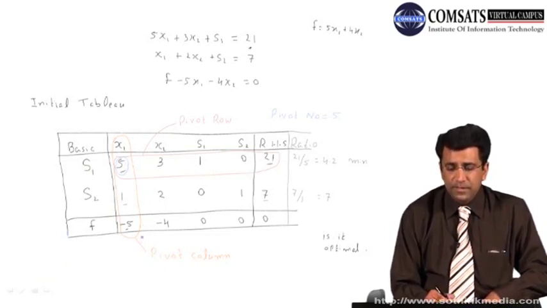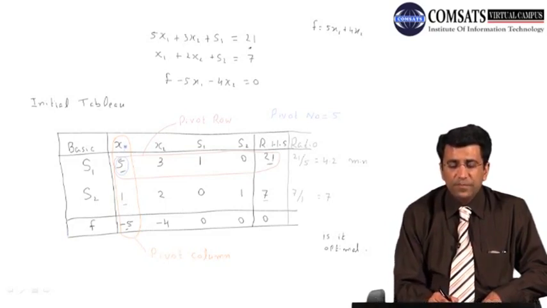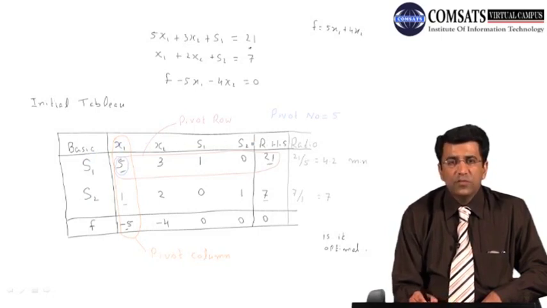Again, this is our pivot column, and the corresponding variables are the non-basic variables, class. These are the basic variables, and the variables in that row are the non-basic variables, that is x1, x2, s1 and s2.